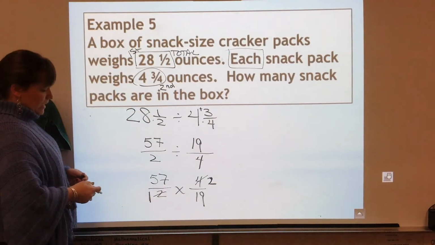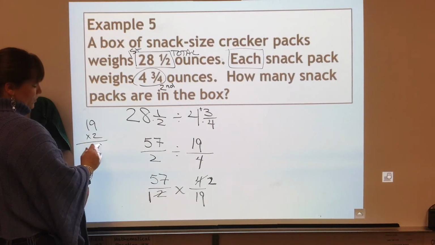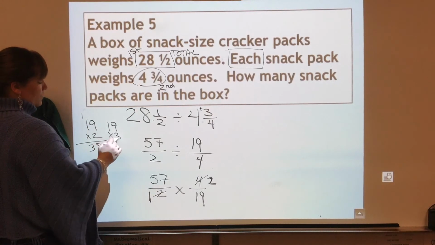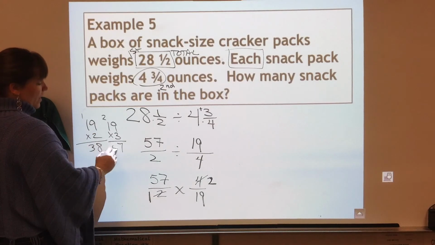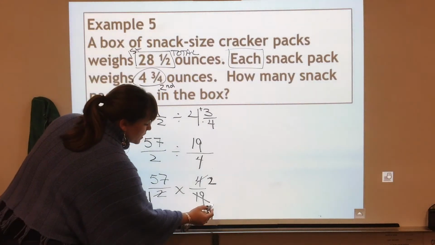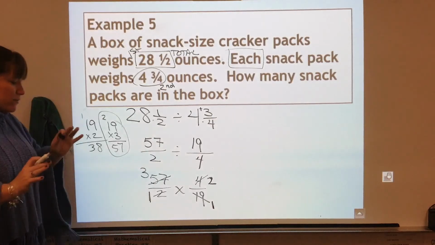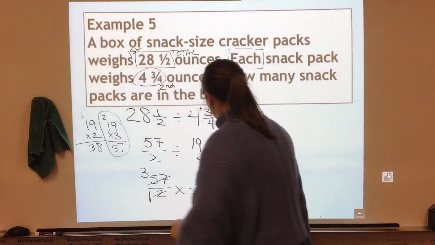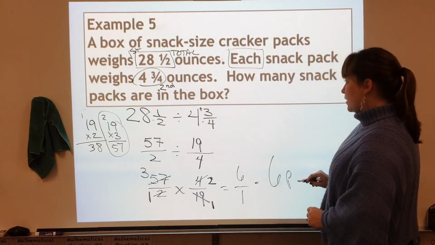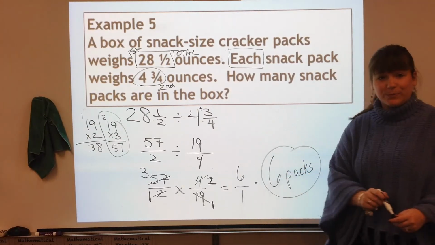Let's think about 19. 19 times 2 is going to be probably too small, 38, but let's try 19 times 3, and bingo. 19 times 3 is going to be 57, so I can simplify all of this down into a 3 times 2 and a 1 times 1, which is 6 packs of crackers are going to be in that box.